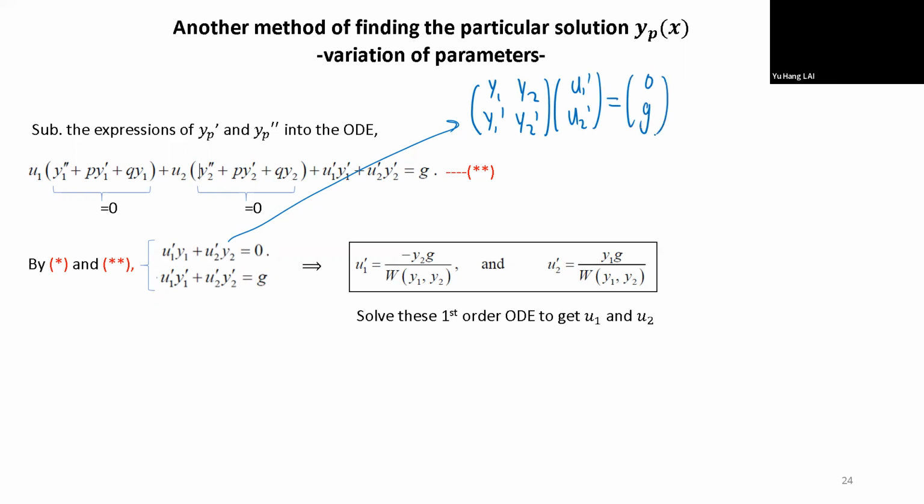If I write this 2x2 linear system as a 2x2 matrix, it will be like this. That means U1 prime and U2 prime are given by the inverse of this matrix, multiplied by this column vector here.